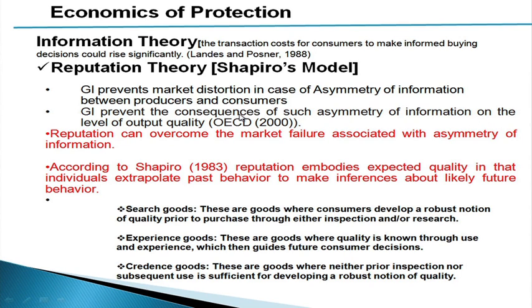I have taken that from an OECD report. If somebody tries to misrepresent or confuse, the GI right holder will immediately try to enforce their rights. Ultimately that leads to the prevention of the asymmetry of information.